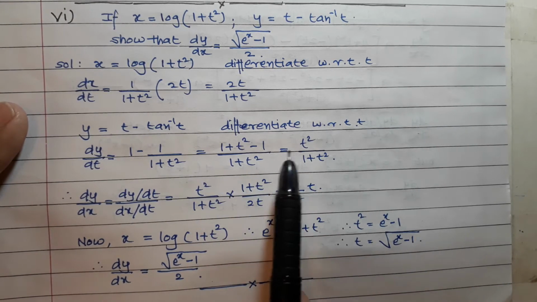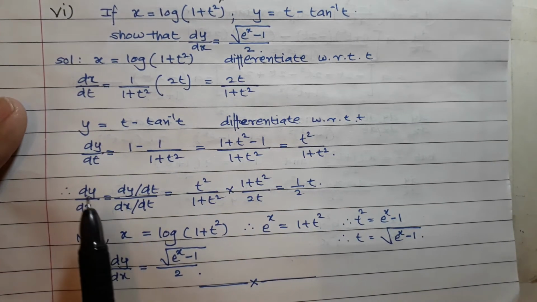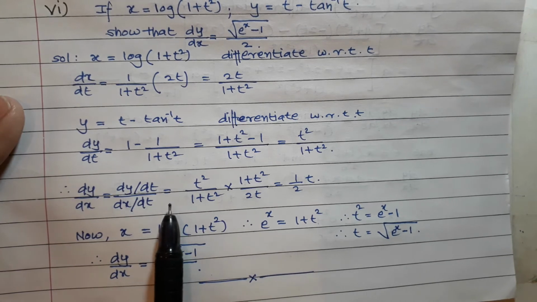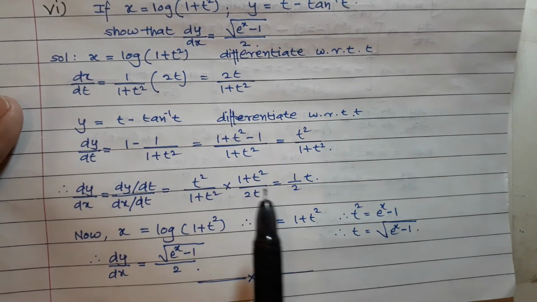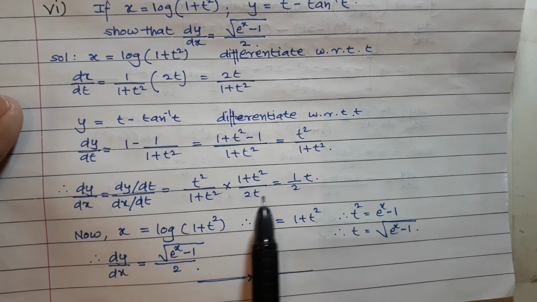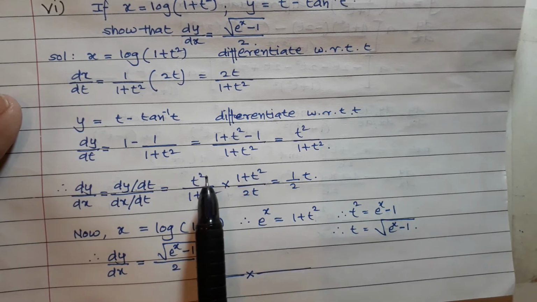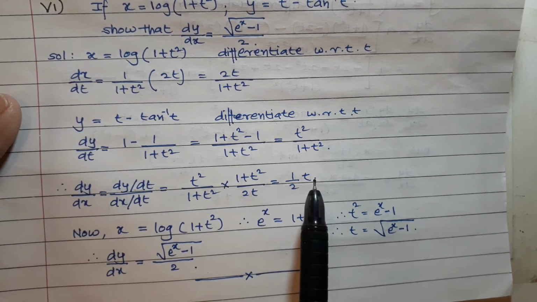Simplify, you will get t^2 upon 1+t^2. So therefore dy/dx is equal to dy/dt upon dx/dt, is equal to t^2 upon 1+t^2 into 1+t^2 upon 2t. Simplify, this and this get cancelled, one t is cancelled with this t. So this is t upon 2.